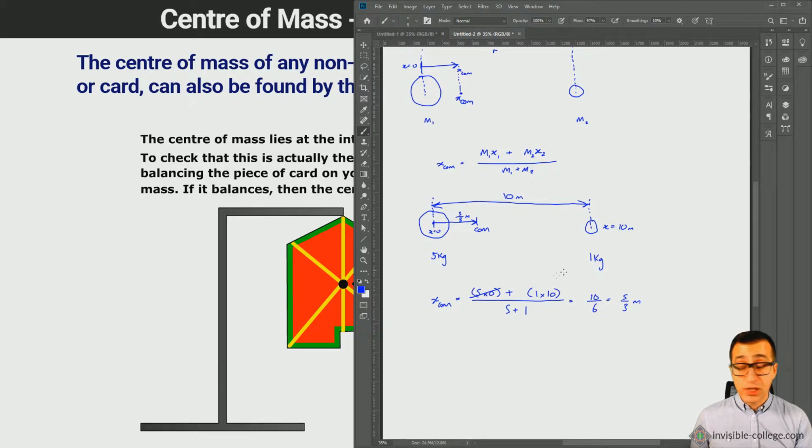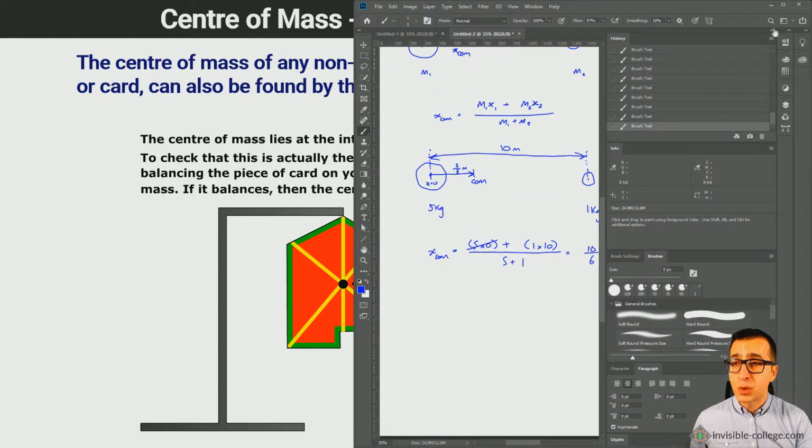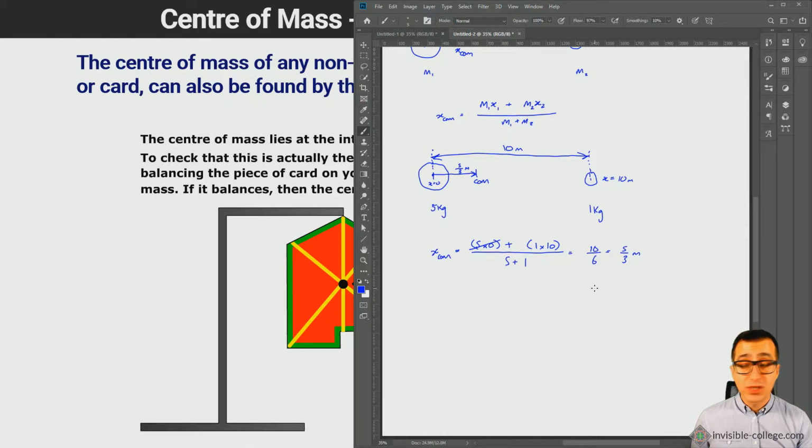But you see how this works. It's actually relatively straightforward. Now I'm going to do one more example of how we can use this equation in situations that you might have come across before. So imagine we have a situation where we have, let's say, a seesaw.